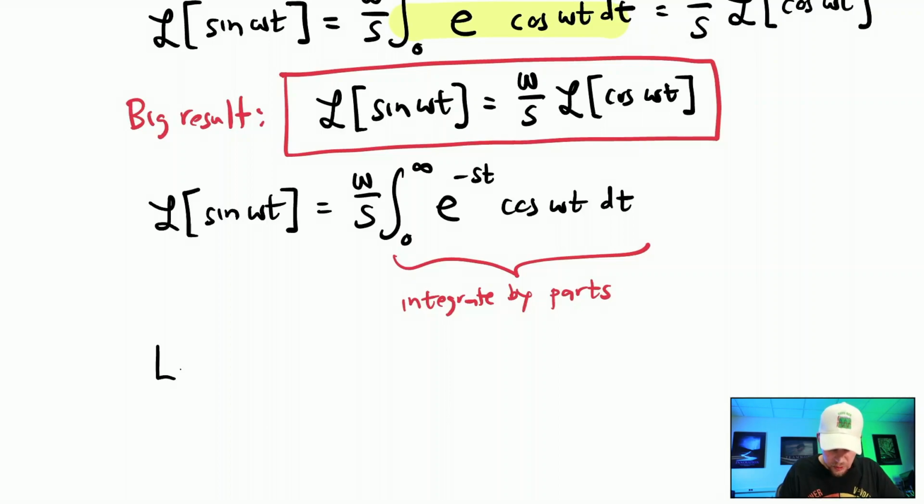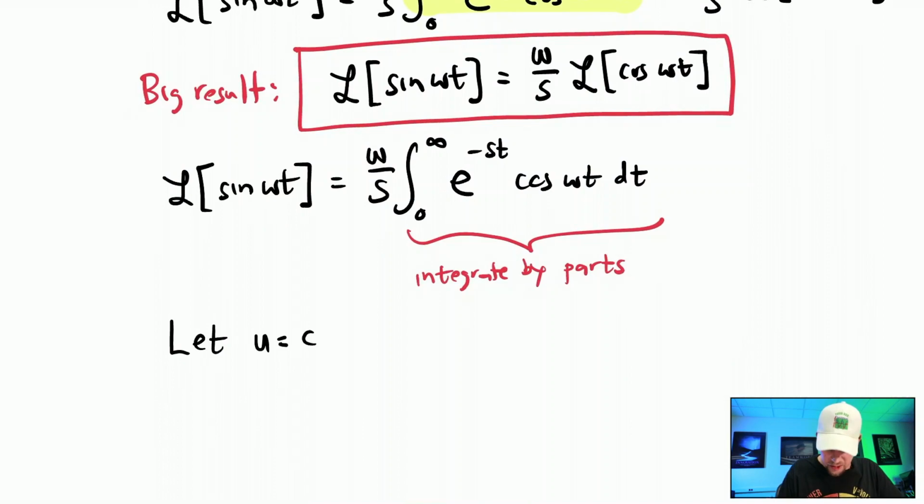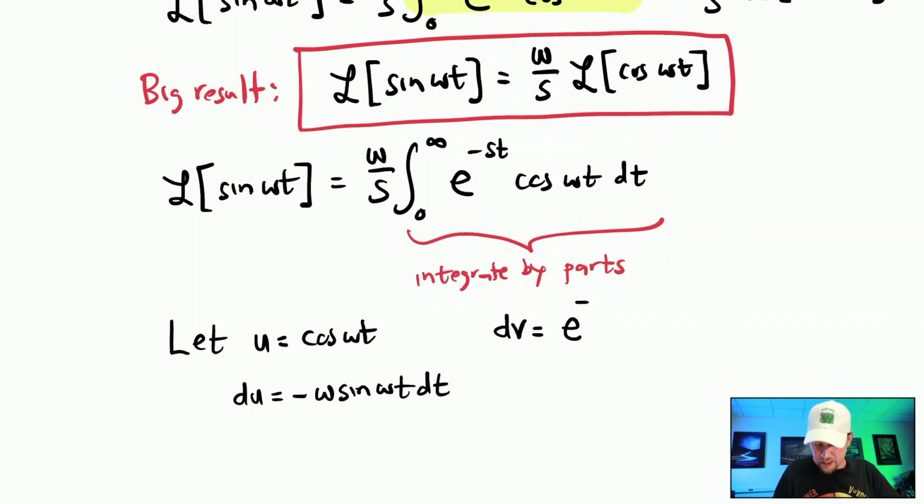So here, I'm going to let u equal cosine of omega t, which means that my du is going to be minus omega sine omega t dt. My dv was the other part, which is e to the minus st dt. And the integral of that is minus 1 over s e to the minus st.